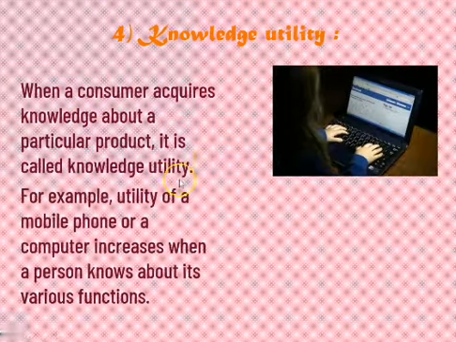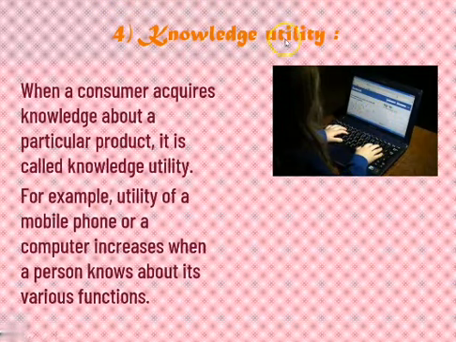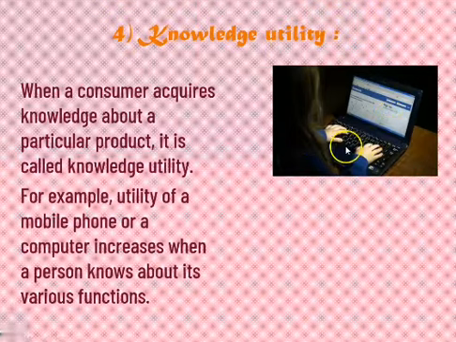Now the fourth one, knowledge utility. What we can see here is a girl using a laptop because she knows how to operate it and is doing her work. Knowledge utility means this girl has knowledge of how to operate this laptop.